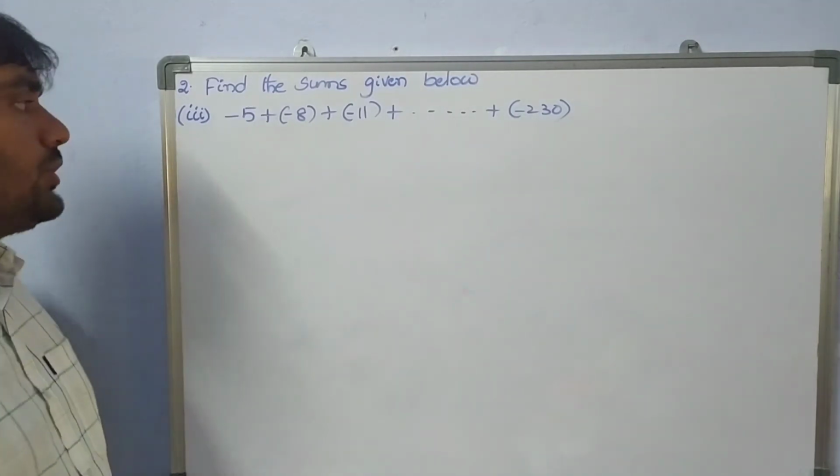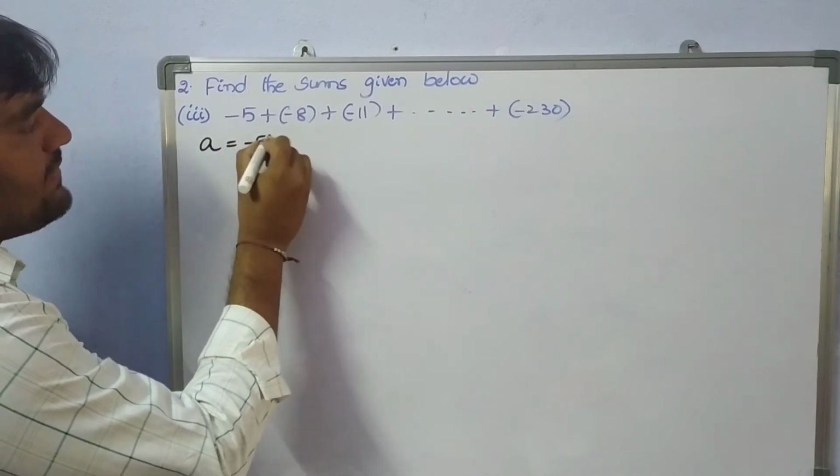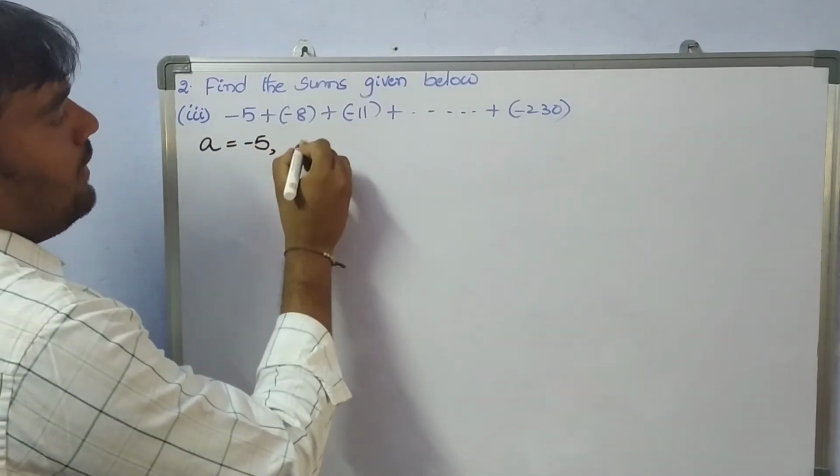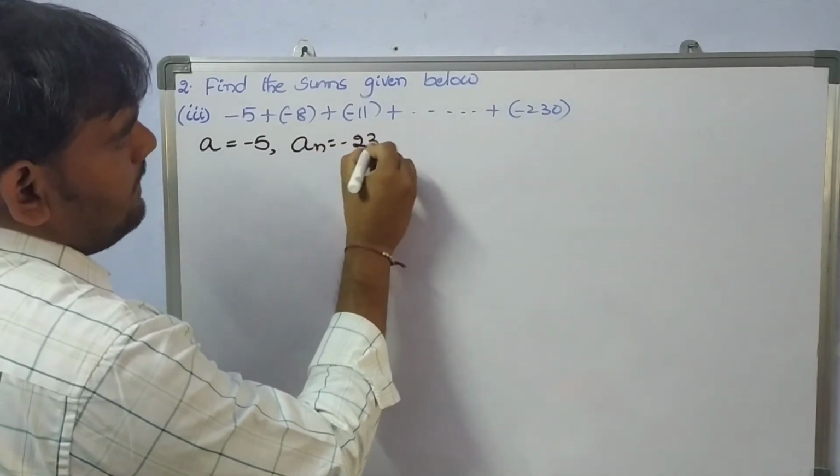Is it clear? So here, first, a is equal to minus 5. Next, an is equal to minus 230.